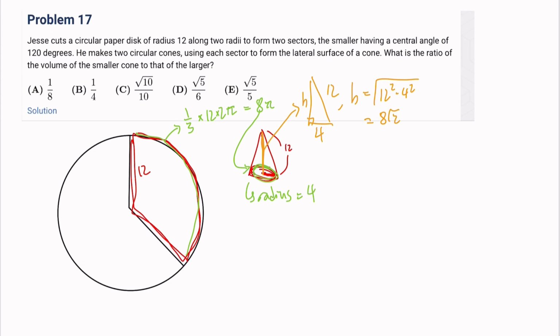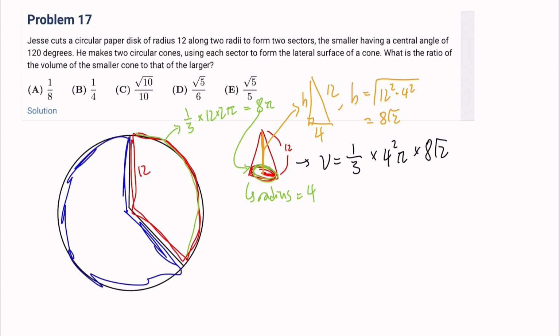The volume is 1/3 times 4 squared pi, that's the bottom area, times the height, which is 8 root 2. And now for the big one, we just have to do the same thing.